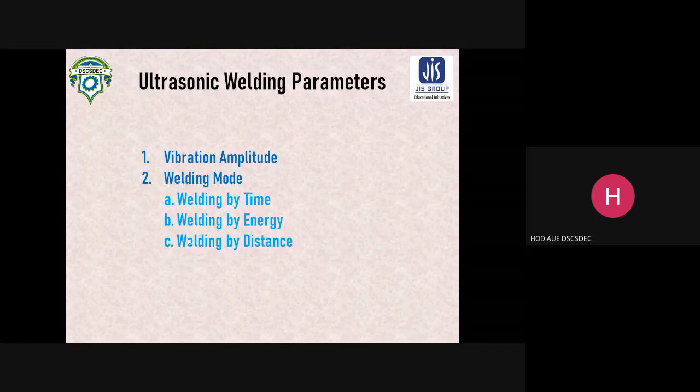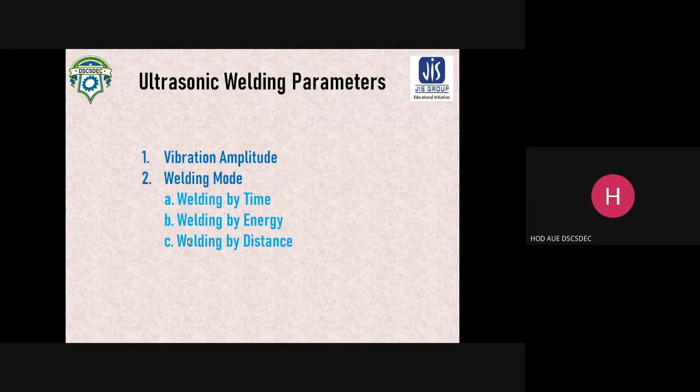And if at some time the power being drawn goes below the required amount, then the software can adjust itself and start drawing the requisite power required for the welding process. So this is the advantage of welding by energy mode over welding by time mode.